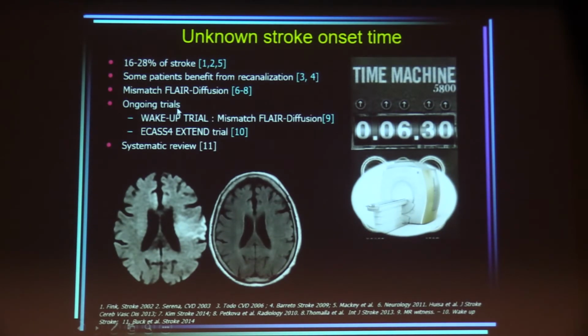There are ongoing trials, and I think they will be published this year, so we should have the answer to this question. The main question is, if we select and treat these patients, is it more efficient than not treating them based on the fact that they have a mismatch between diffusion and FLAIR?